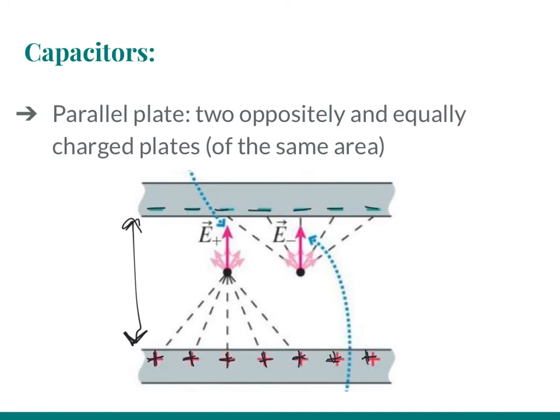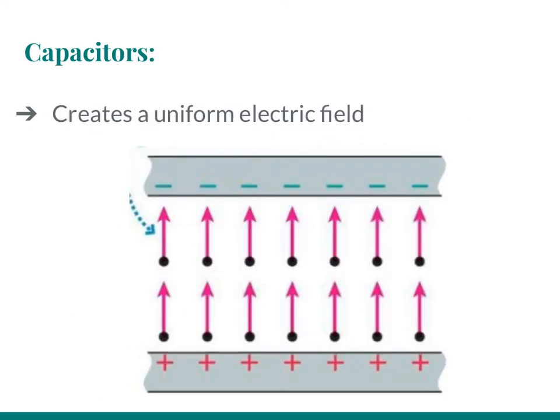But if you want to figure it out mathematically, it is not too difficult to prove. If you don't want to deal with that, you can just take my word for it. All of the horizontal components cancel, and the electric field only points from the positive side towards the negative side. This results in what we call a uniform electric field.